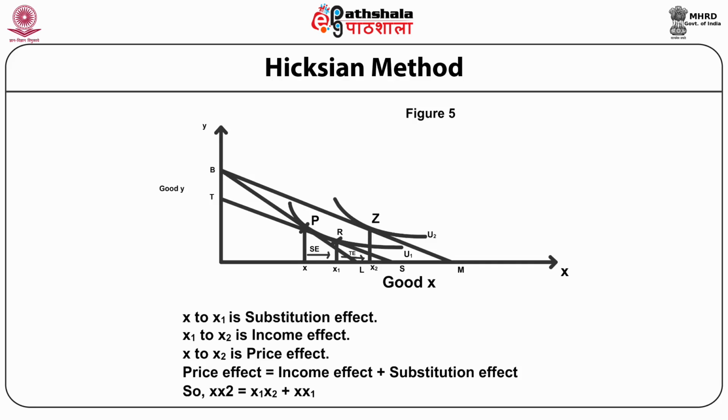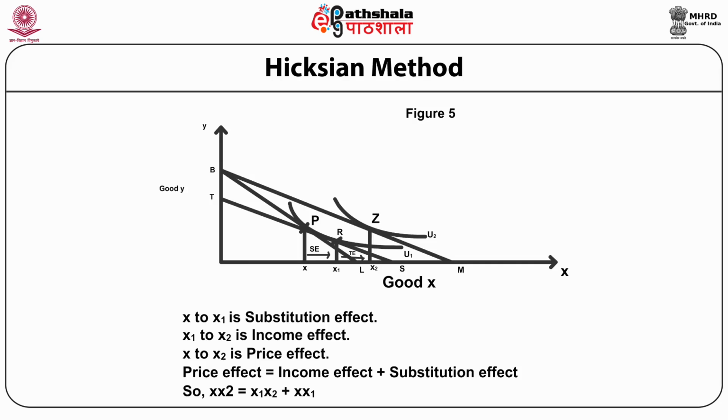Remember, this new budget line is tangent to the old indifference curve U1, and it is tangent at point R, which shows that the consumer's level of satisfaction is unchanged, or he is at the old level of satisfaction, that is, at indifference curve U1.